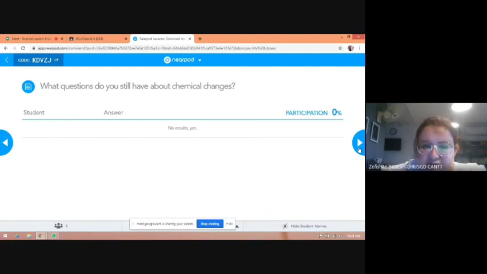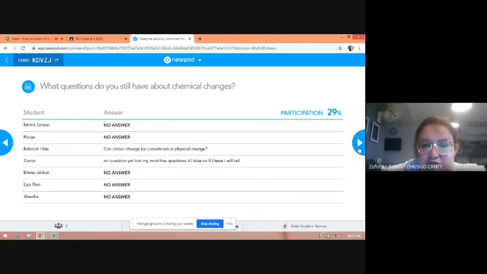If you have any questions, if you have any confusion, can color change be considered as a physical change? No, because color change will appear just in a case where a new substance is formed.